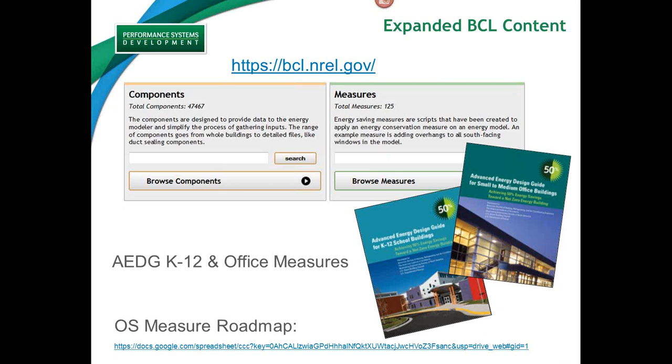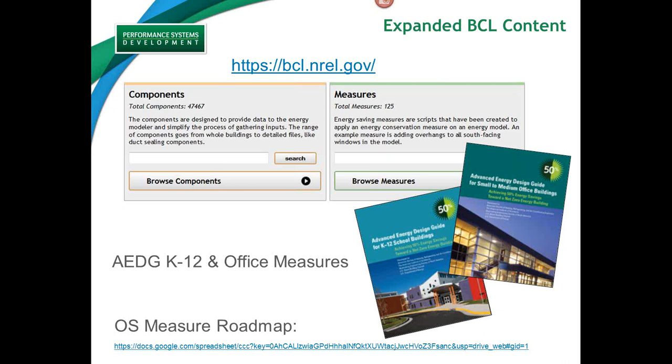So very quickly one can take their code compliant building, say their ASHRAE 90.1 2007 compliant office building, and literally apply the AEDG office measures and predict the energy performance as well as the energy cost performance of achieving measures that are in line with the AEDG small to medium office building. So that's a very powerful feature.